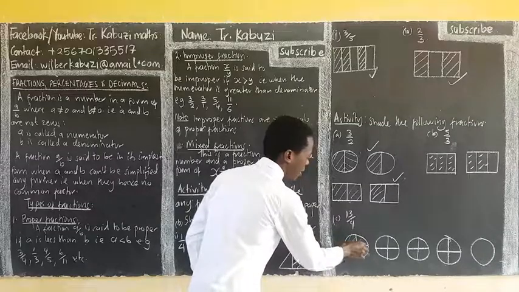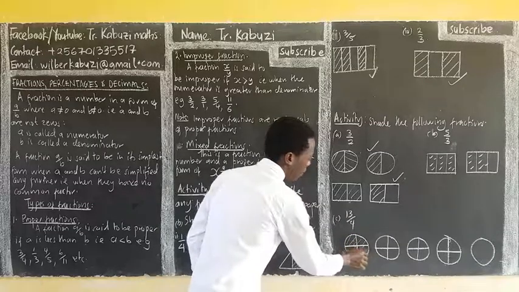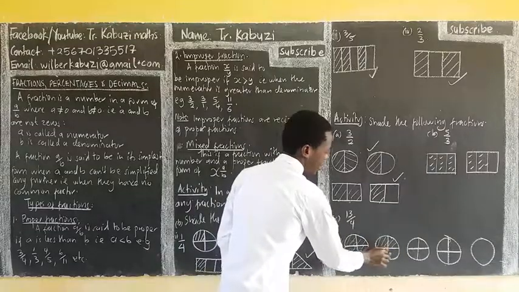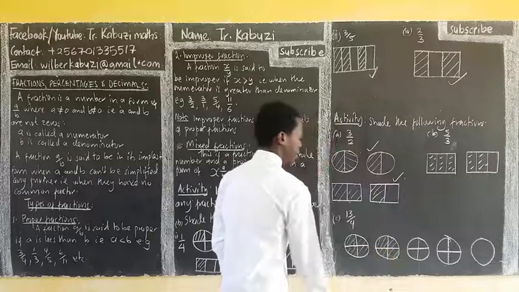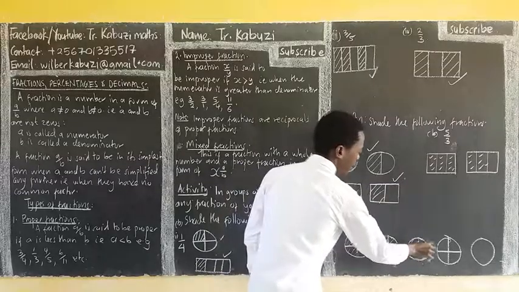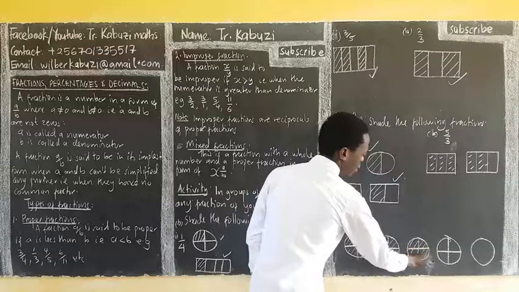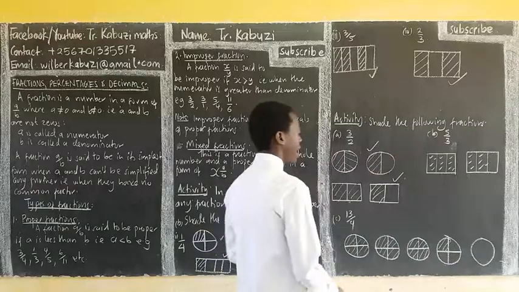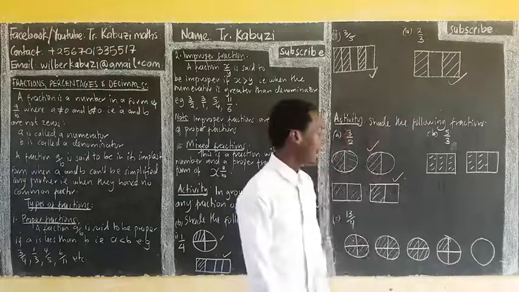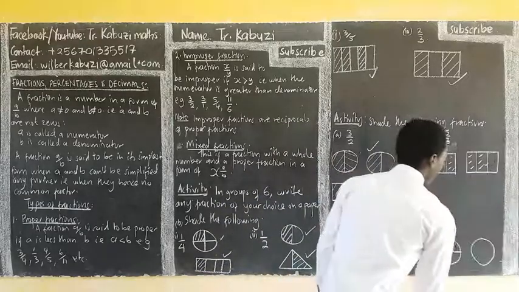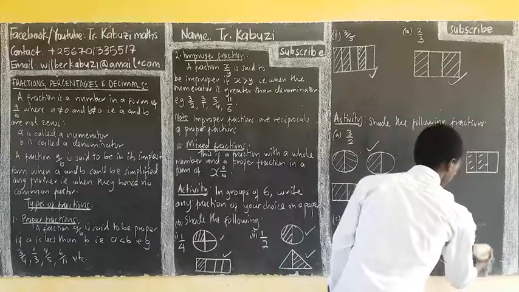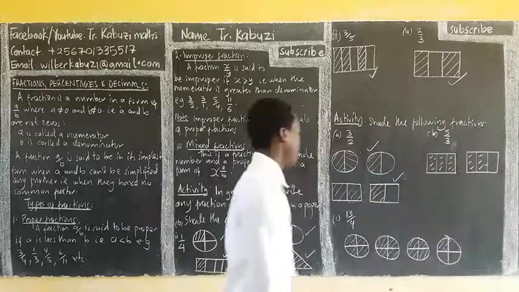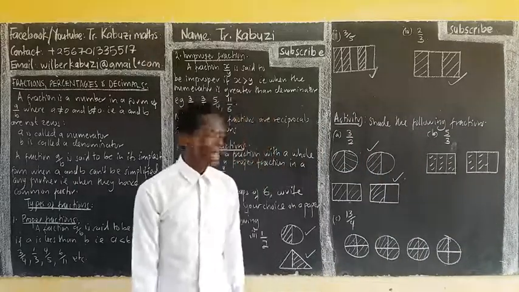This is 1, 2, 3, 4, 5, 6, 7, 8, 9, 10, 11, 12, then 13. So we are remaining like that. We don't need that one, so we can remove it. As simple as that. Okay, so that's how we shade that one.